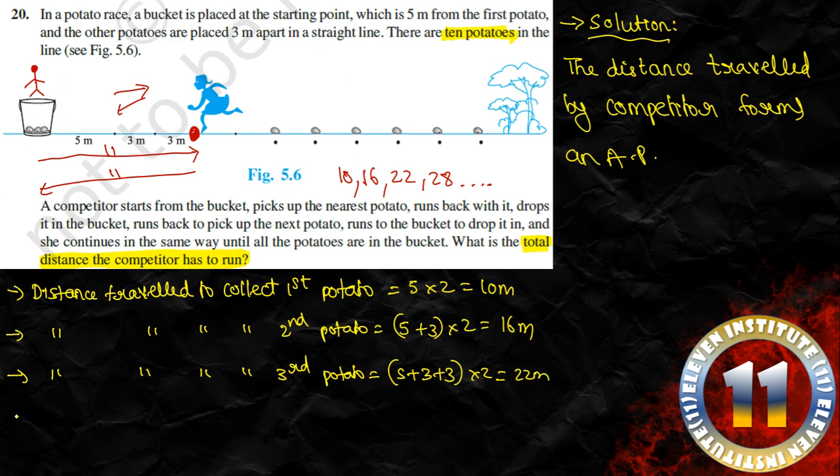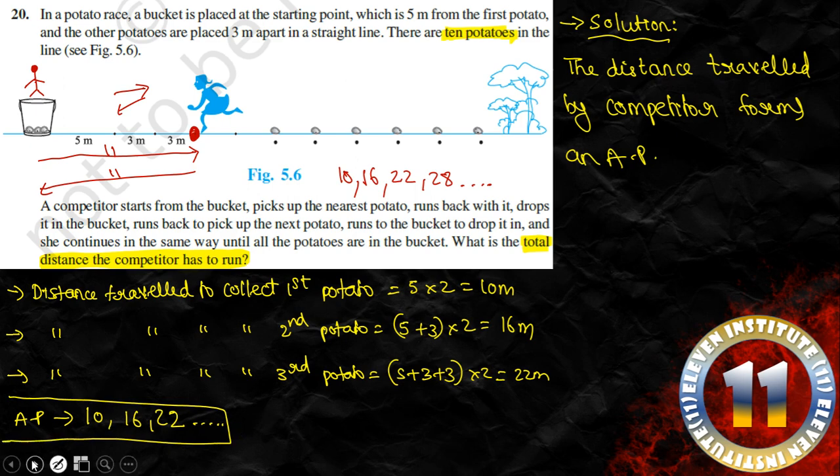So now what will be our arithmetic progression? Our arithmetic progression will be 10, 16, 22, and so on. Right, this is our arithmetic progression. Now based upon this, what can I write? I can write over here the value of A is 10, the value of D is 16 minus 10, which is 6.